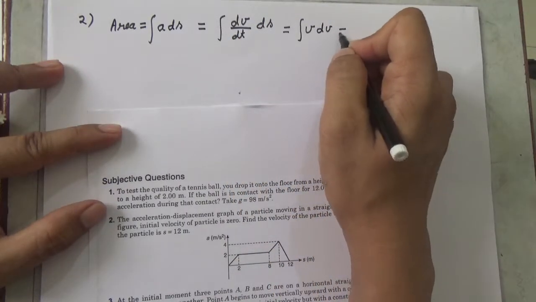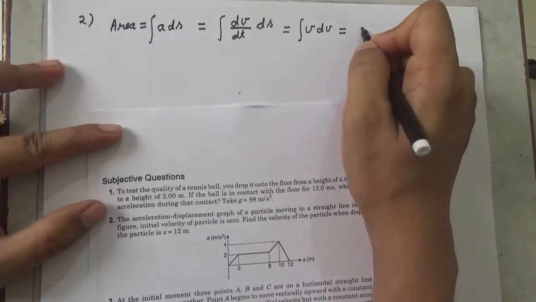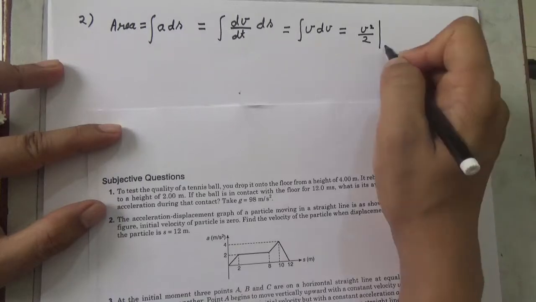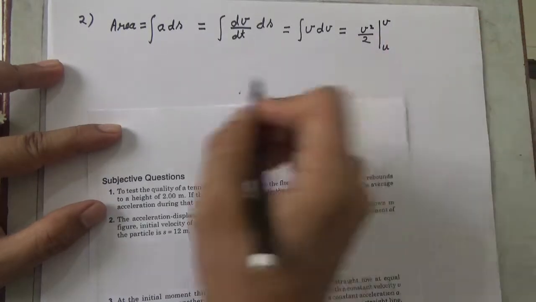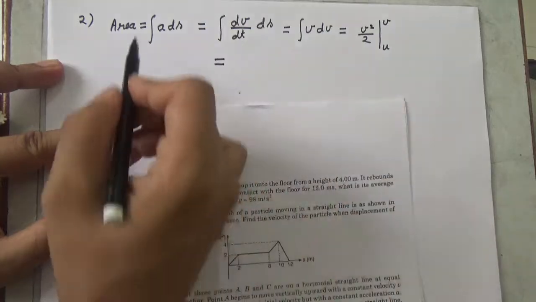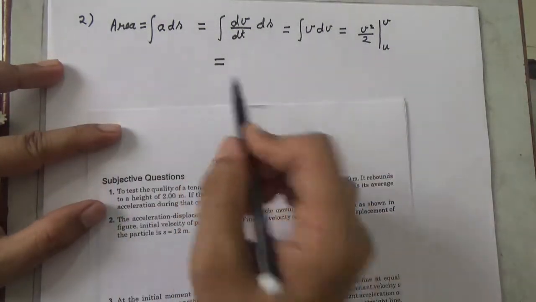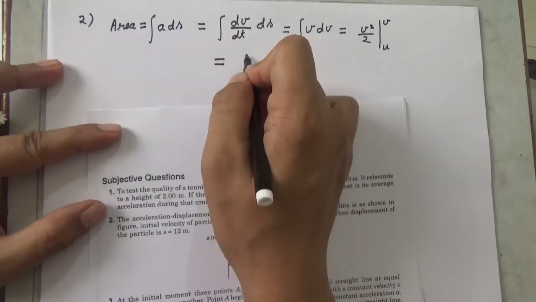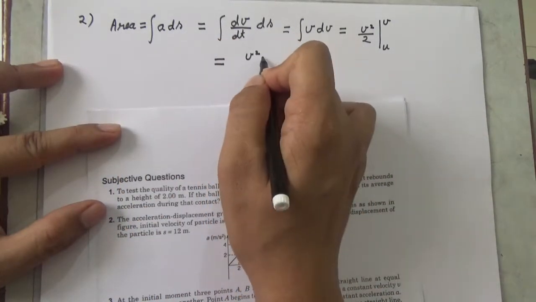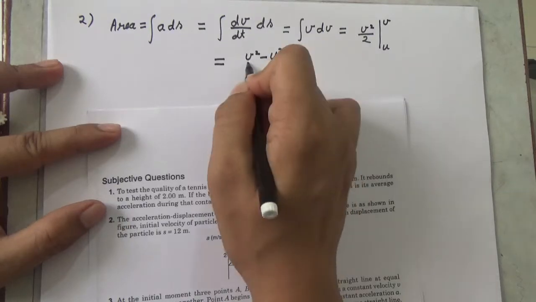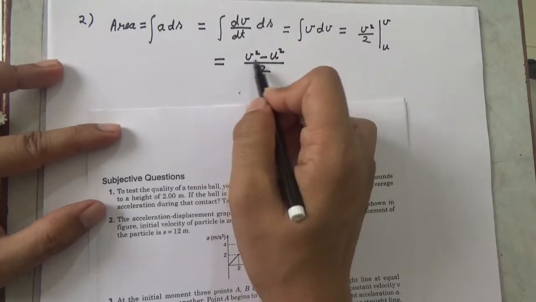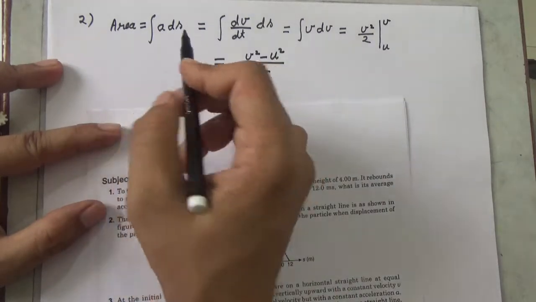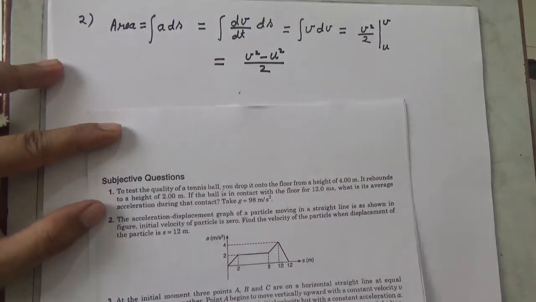If we integrate it, we are going to get V square by 2 between some limits, suppose u to V. So the area of the A-S graph gives V square minus u square by 2, meaning final velocity square minus initial velocity square, by 2, is the area under the A-S graph.